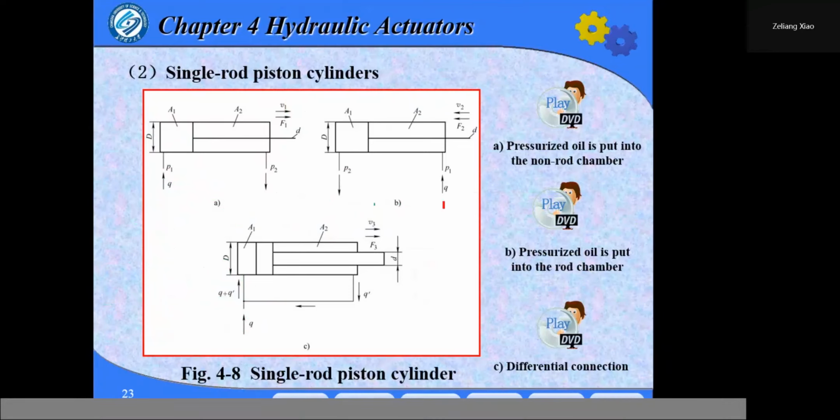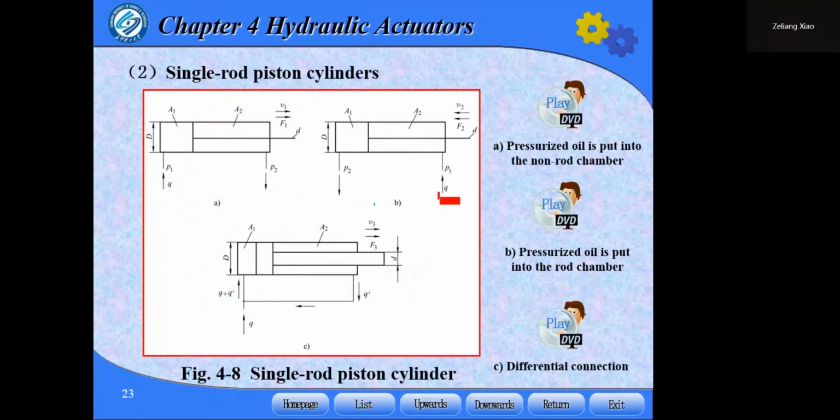So this one, this is the pressure of the oil, and this is the pressure of the oil in the outlet region. The areas are A1 and A2.